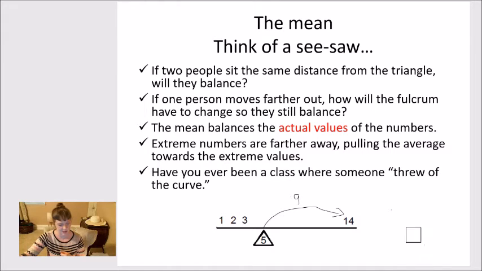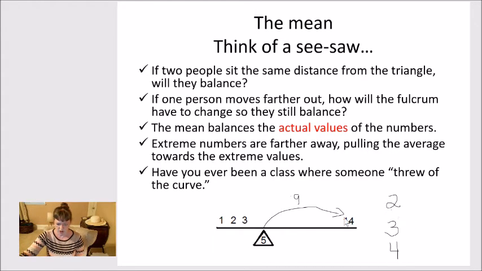Now, ask yourself this question. How far away is 5 from 3? 2. How far away is 5 from 2? 5 minus 3 is 2. 5 minus 2 is 3. How different is 5 from 1? Well, 5 minus 1 is 4.